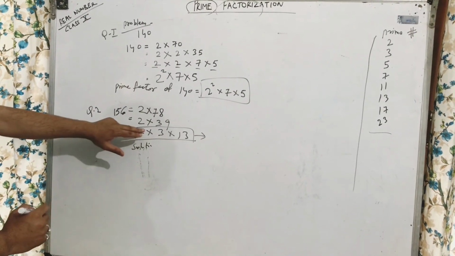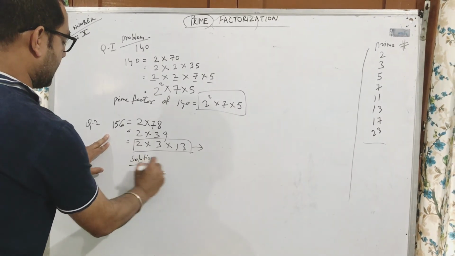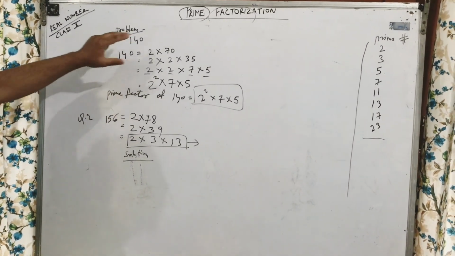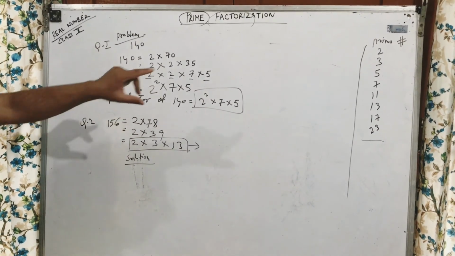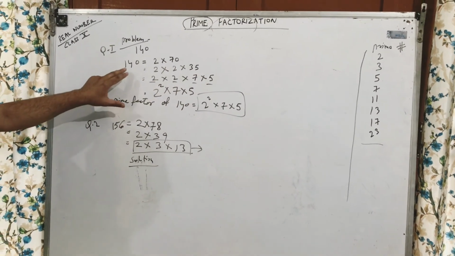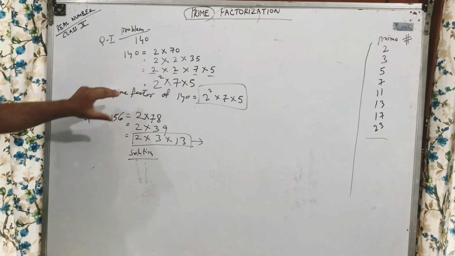So this is the prime factorization of 156. Now I think you might have understood what prime factorization is, and it is very easy to understand. The only thing is that you have to remember a few prime numbers in your mind, and you should always try to factor a number with a small prime number. It will be easier for you, and you can even calculate in your mind as well.